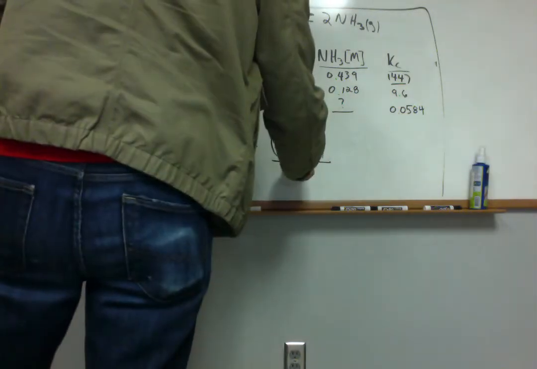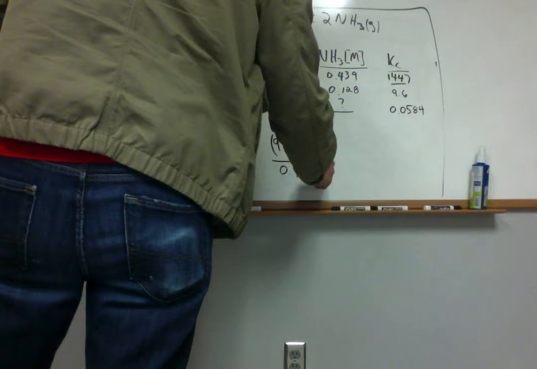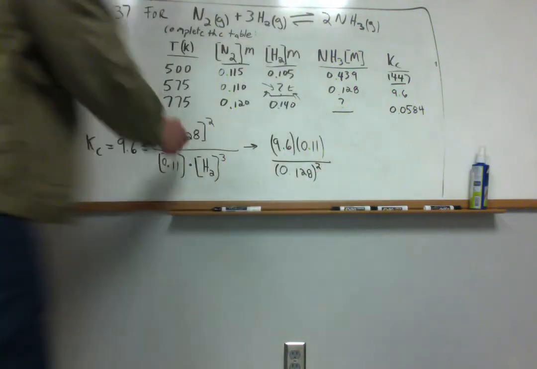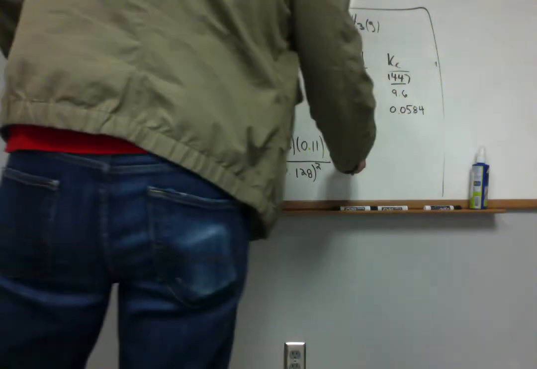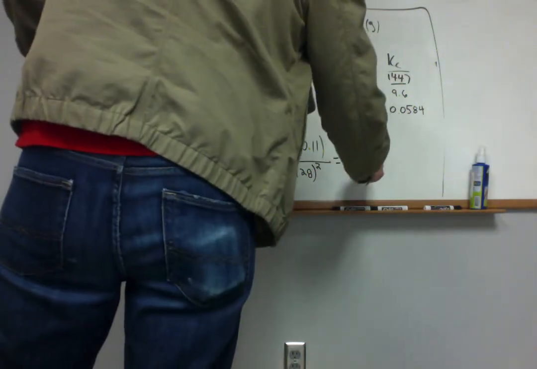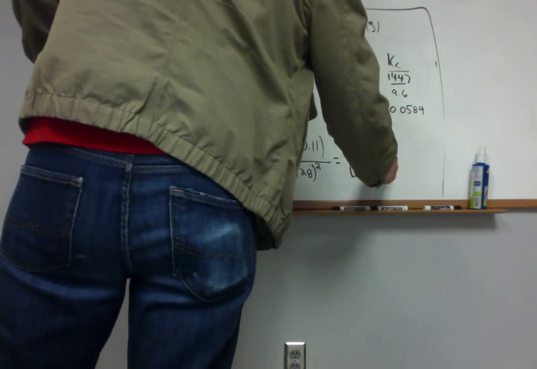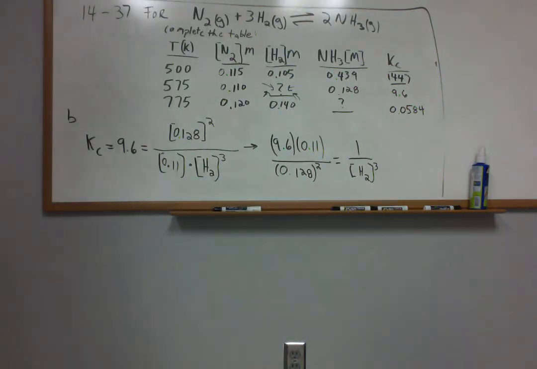Did that, it would be 0.128 squared. Divide both sides by that, and of course that would equal whatever I'm left with, which right now appears to be 1 over concentration of H2 raised to the third power. Okay, so by doing that, I could generate this kind of equation basically, where I could solve the left-hand side, and that would be 1 over the H2 raised to the third power.